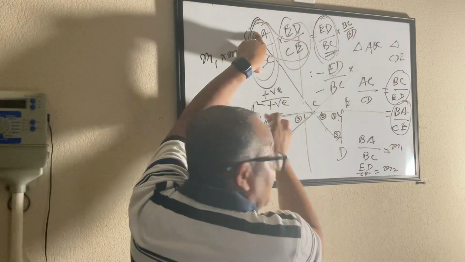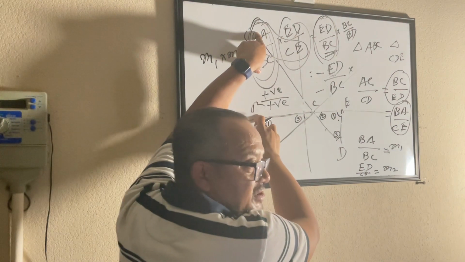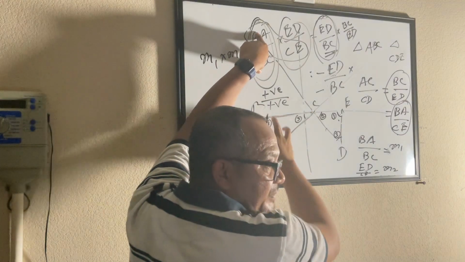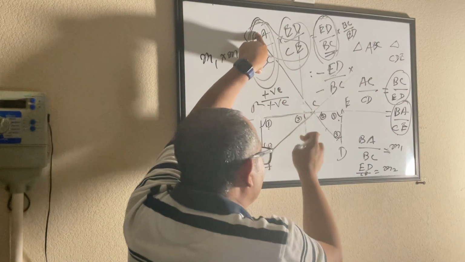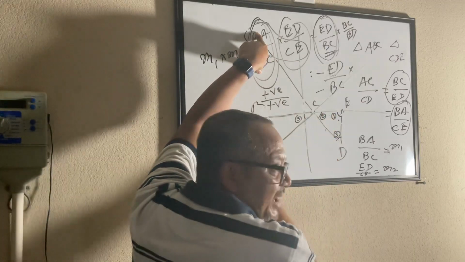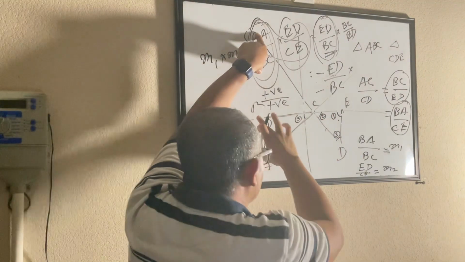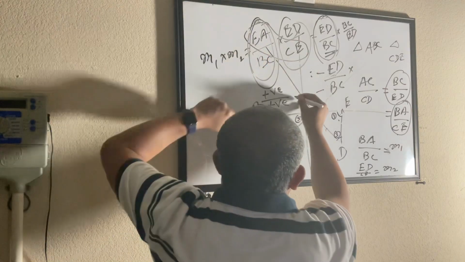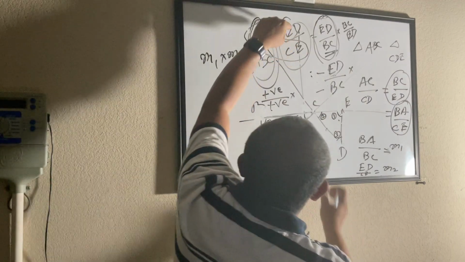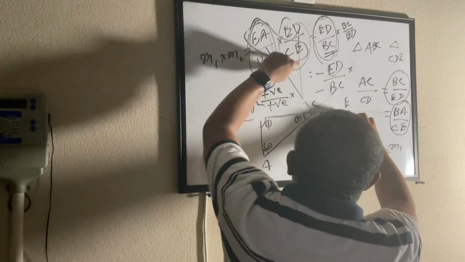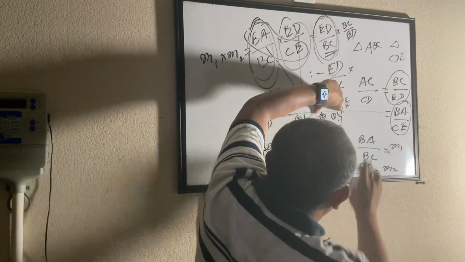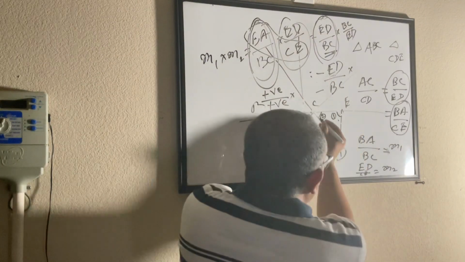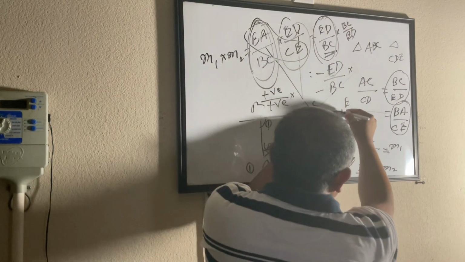So last point minus first point is always going to be positive. Your rise is positive, and your run is also positive. So positive over positive. And then in this case, ED over CE, the rise is negative because when your x is increasing, your y is decreasing.